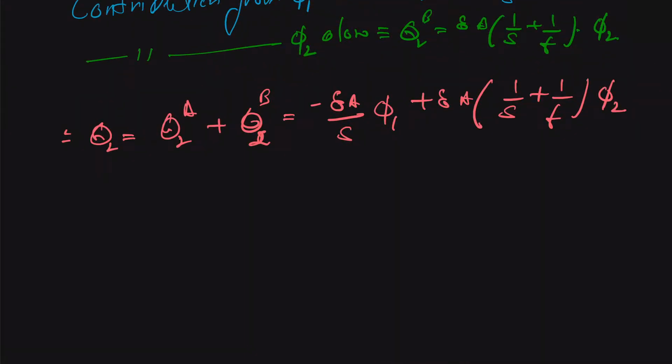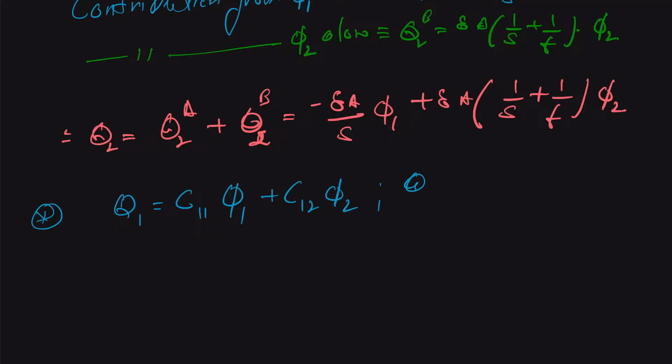Now we can easily write our charge equations with respect to capacitances, which are sometimes also called capacitance coefficients. So we can write that the charge Q1 on plate 1 will be equal to C11 phi 1 plus C12 phi 2.